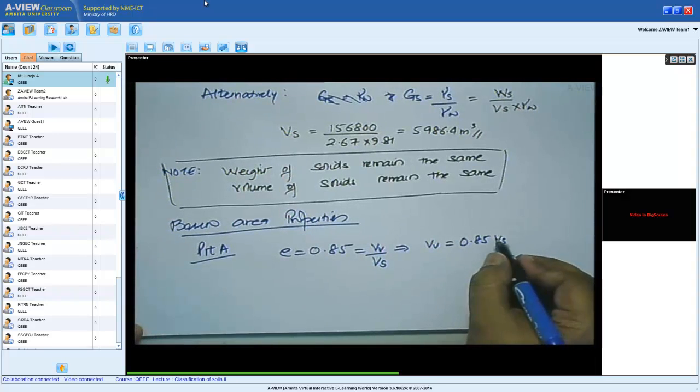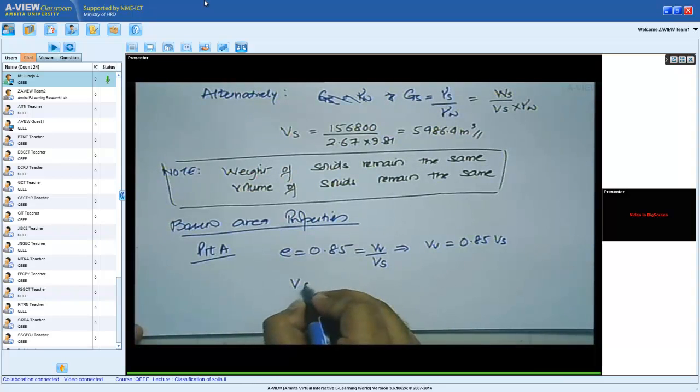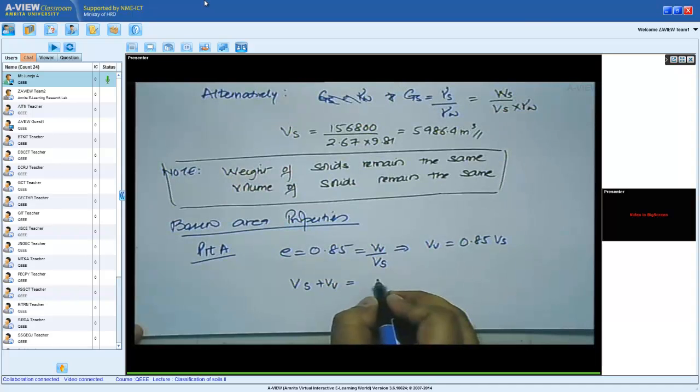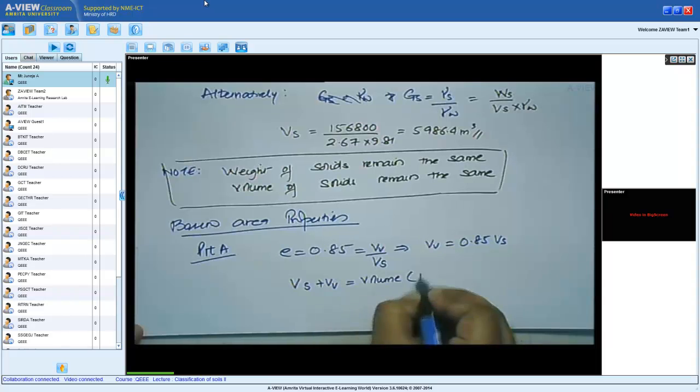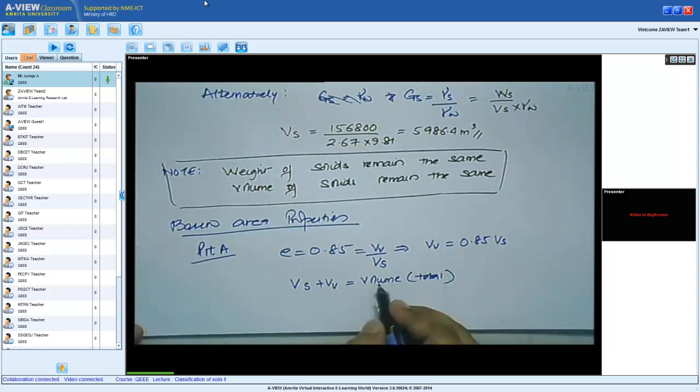If you follow the similar analogy as we have used before, I have volume of solids plus volume of voids equals the total volume. Remember, our objective is to find out the total volume.